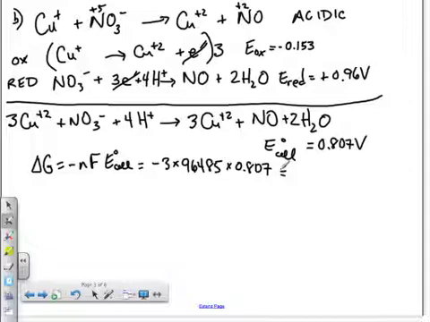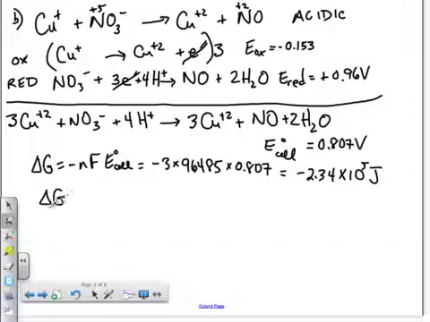When I multiply those 3 things together, I end up with a delta G of negative 2.34 times 10 to the 5th joules.